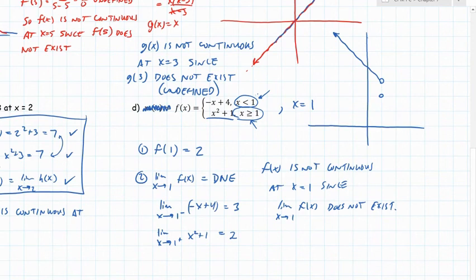So when we plug in 2, we would get 5. So it's going to go through that point and continue upward like that. And it includes that point as well. And so now we can see why it's discontinuous at 1, because we have this jump.